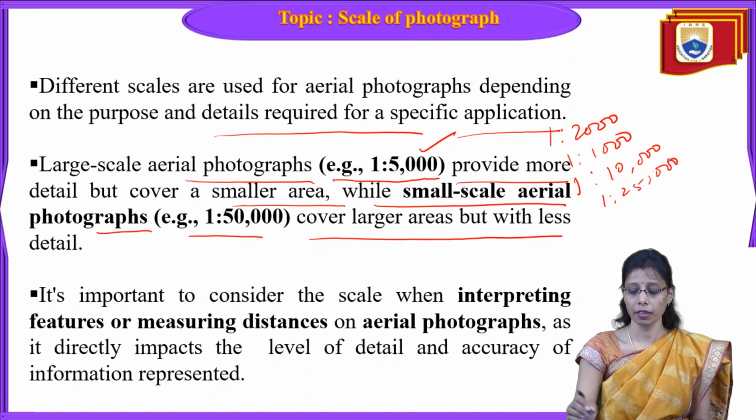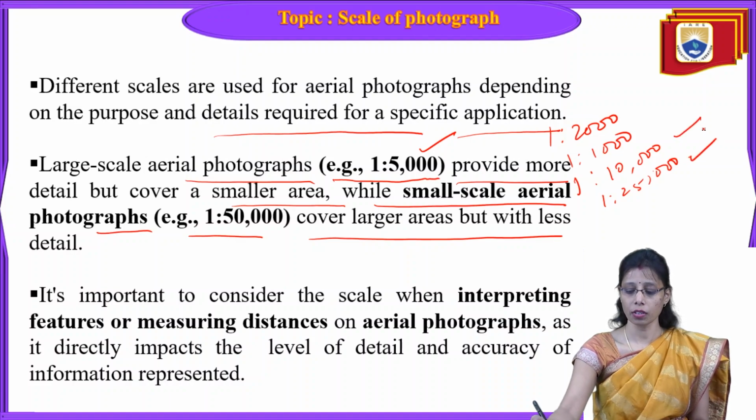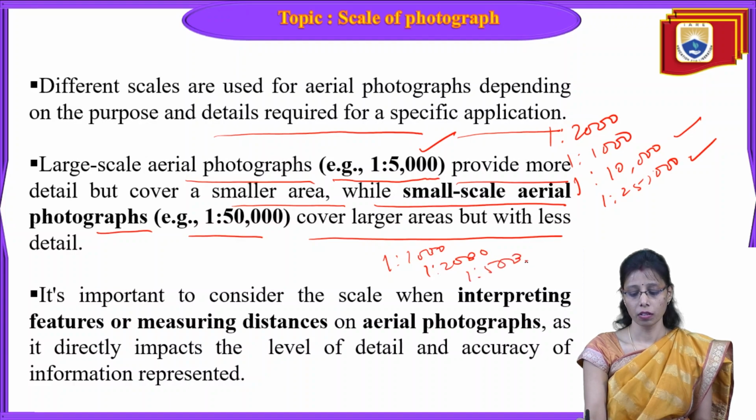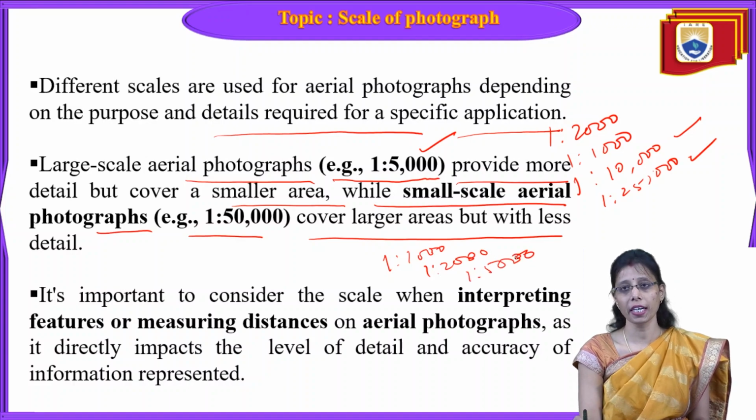If it is 1:25,000, then 25,000 will be small scale and 10,000 will be large scale. So this is how we define the scale as small and large. Whenever you are talking about a large scale map, the number will be less, like 1:1,000, 1:2,000, 1:5,000. So this is how we get more details.